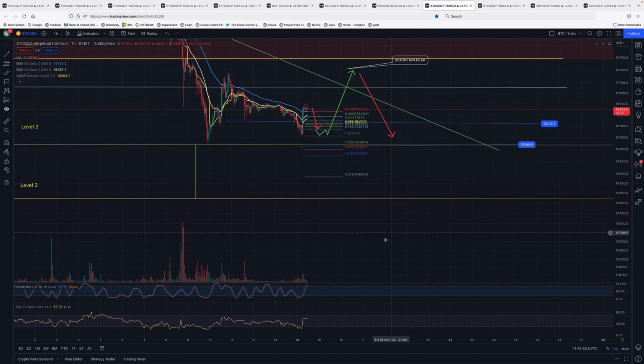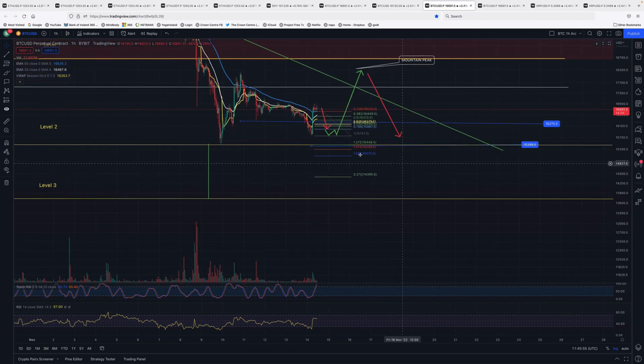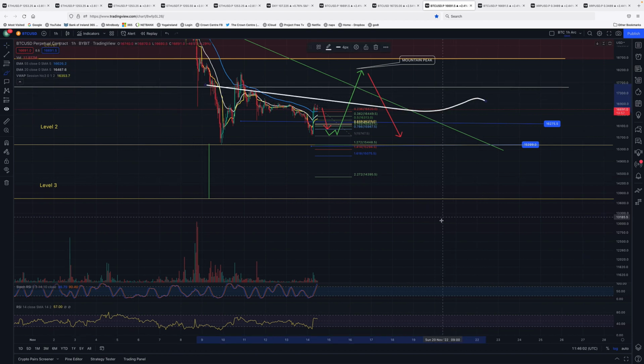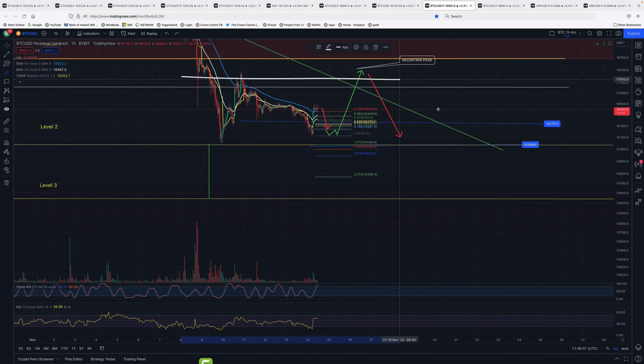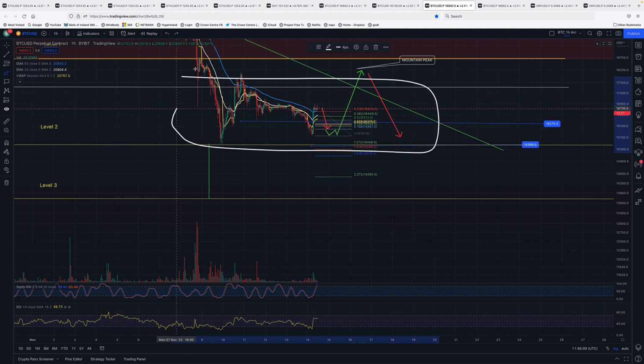Now, leaving the apex to the side, considering we're moving in this area of consolidation, in this area of consolidation here, I have measured the range. There we go. And I put it at breakout somewhere around here. And this would be level 3.